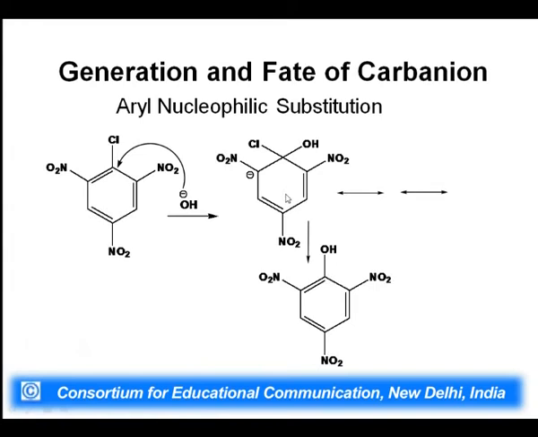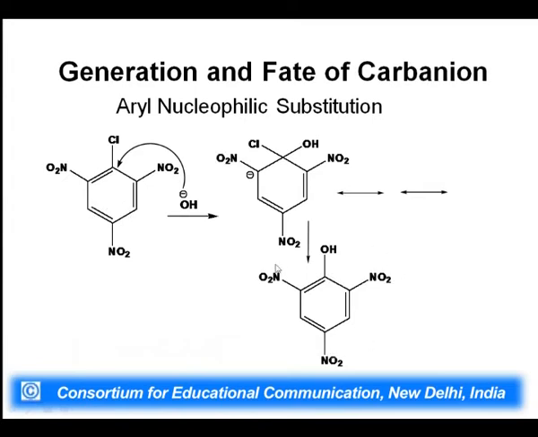Because of this stabilization, this aryl nucleophilic substitution reaction happens in the case of halogenated benzenes only when we have a very strong minus R group like nitro groups present in a large number.